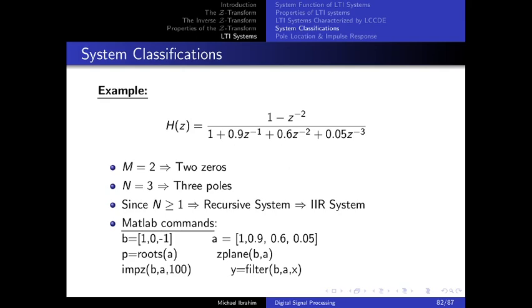So the filter design is basically about translating what kind of requirements or filter specification we have into getting a discrete time system with this kind of pole, with this kind of zero, with this kind of polynomials. This will give us the required frequency response.